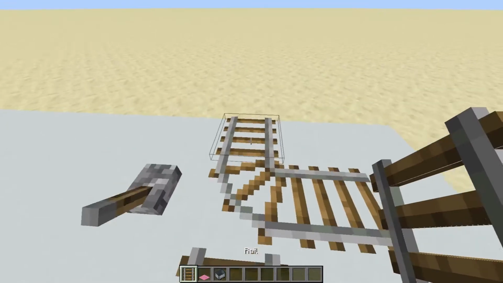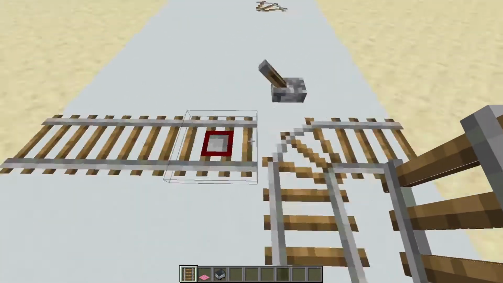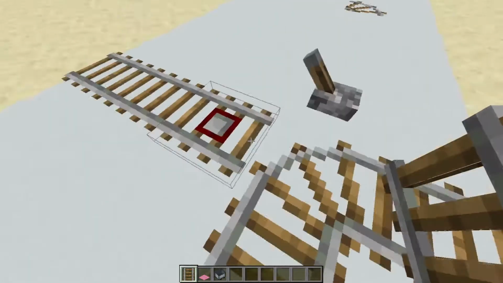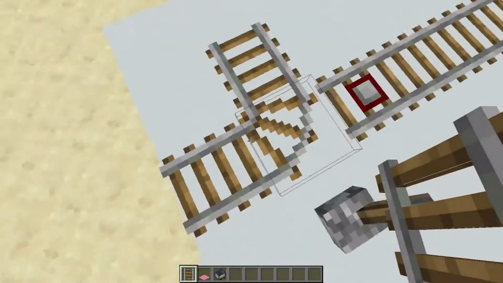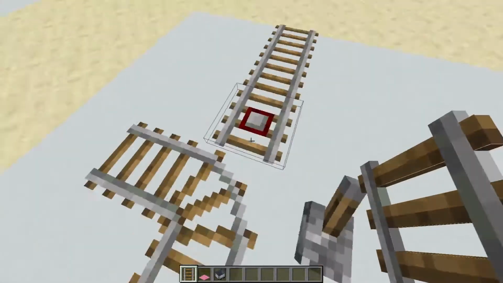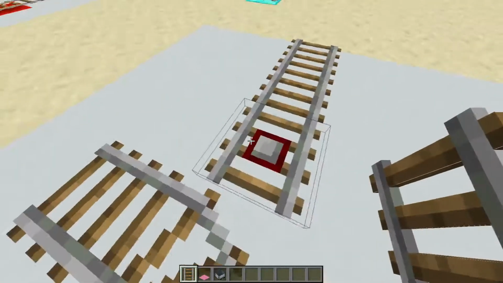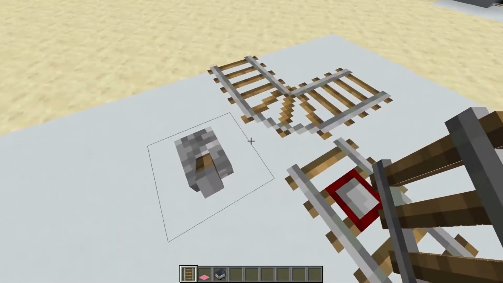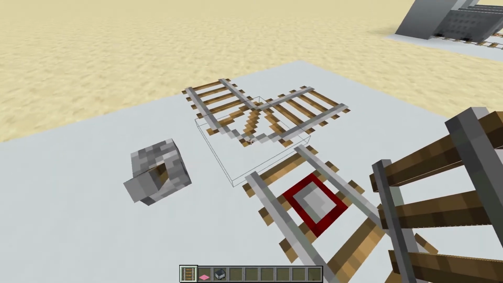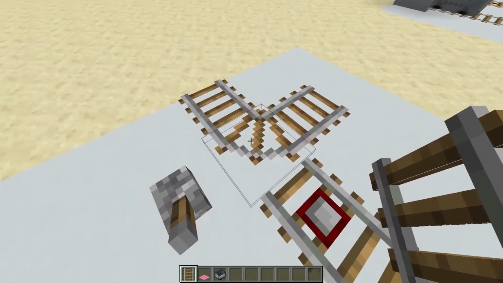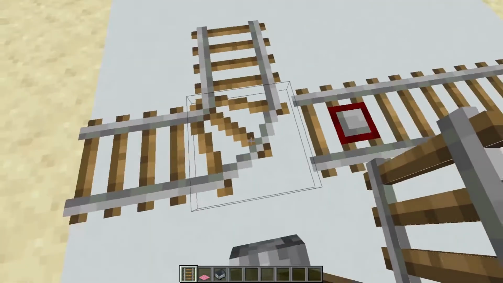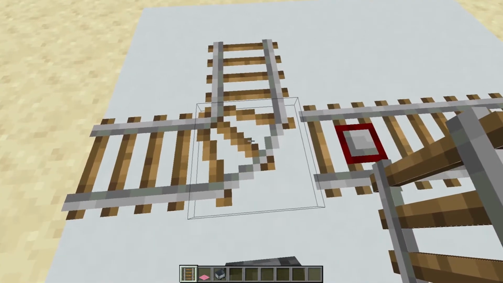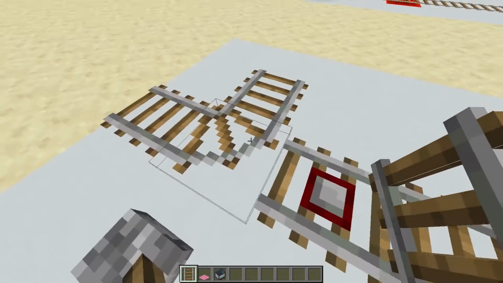Also, because this rail can curve, it can be in situations like this where it curves to here, or it can curve to that direction. There's actually a feature that makes use of redstone to redirect the direction that the rail curves.